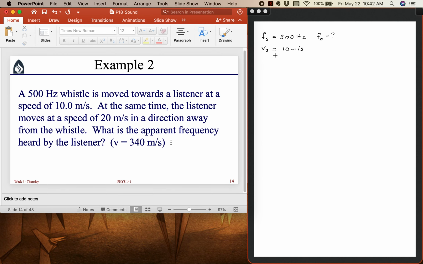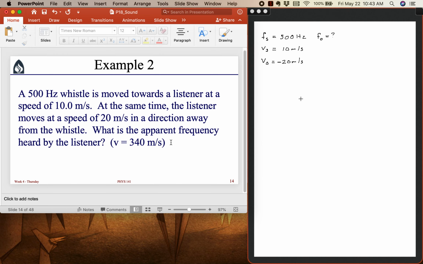At the same time, the observer is moving at a rate of 20 meters per second, and the observer is moving away from the whistle. Since the observer is moving away from the source, that would be a negative 20 meters per second. Towards is positive and away is negative.